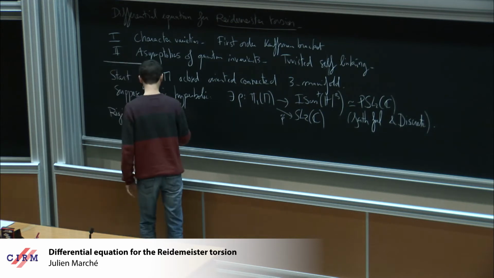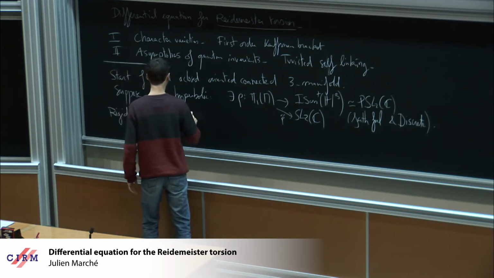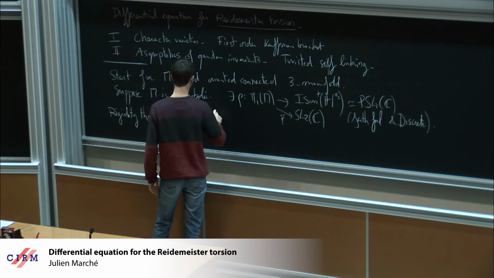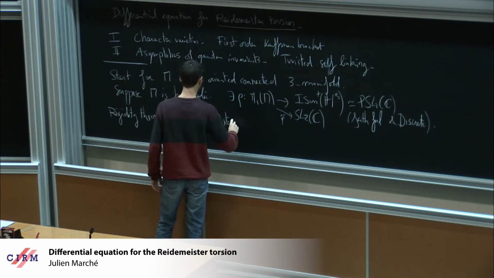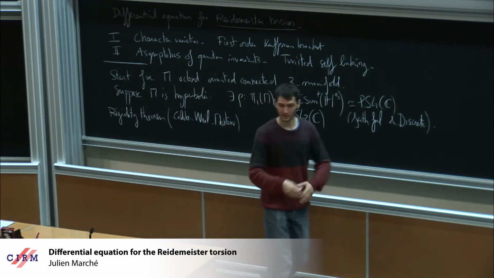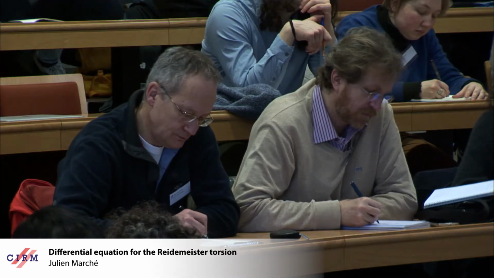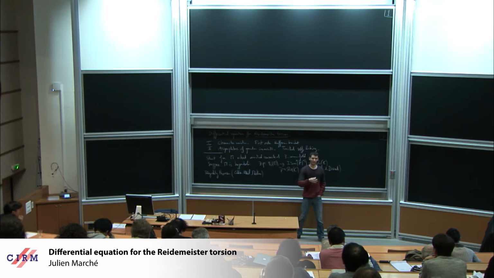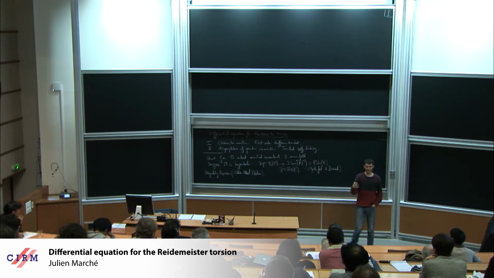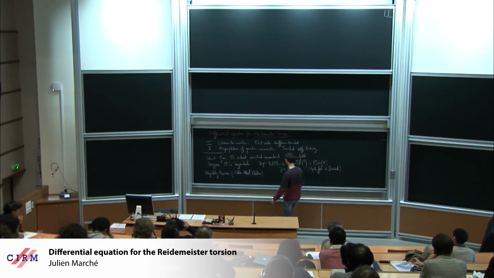It is due to maybe Calabi, Weil, and you can even add Mostow. Well, there are a lot of people, but let me give just three names. What does it say? It says that if you have a continuous family of representations of pi1 of M into the same group SL2(C), all these representations are the same. Let me be more precise.